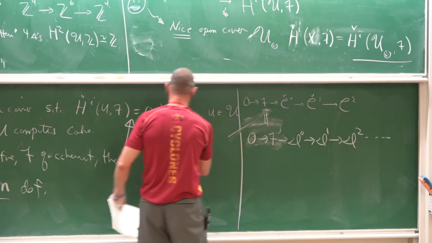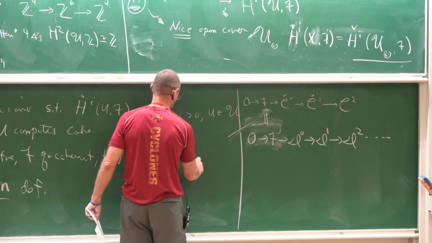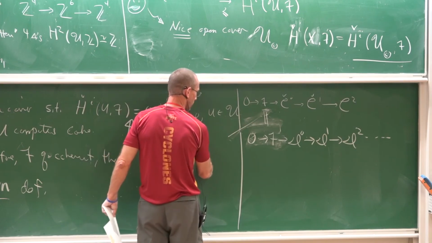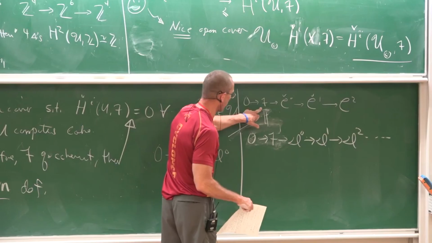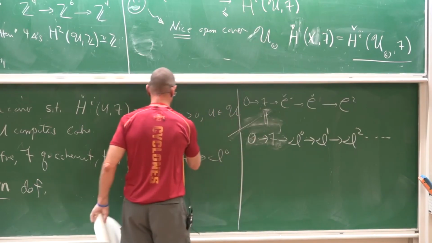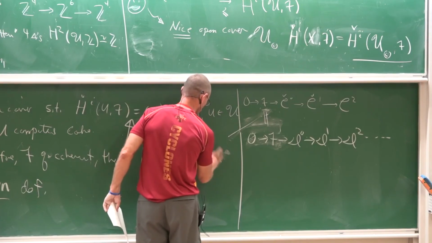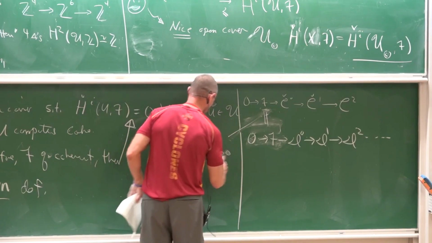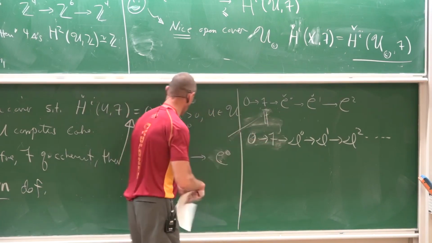That means I have an inclusion, 0 goes to F, goes to I0. On the other hand, I have a map from F to C0. So I have this inclusion up here, and I certainly have a map from F to I0 here.